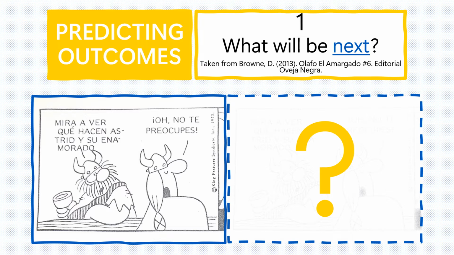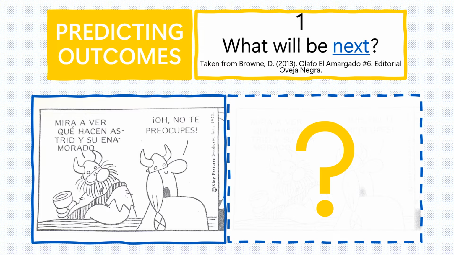This first sample is about the next. What will be the next? It's easy when you are reading a comic, because the comic structure is sequential, so we can ask what will be next and predict outcomes.